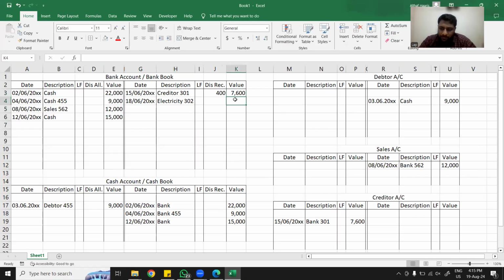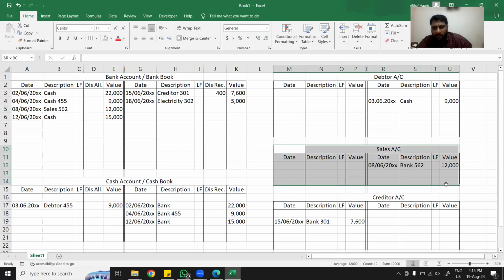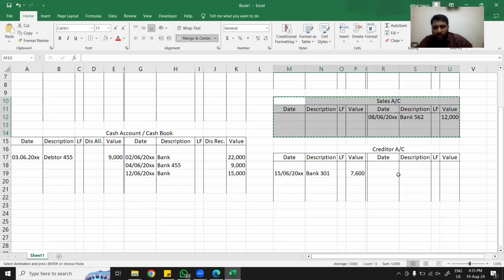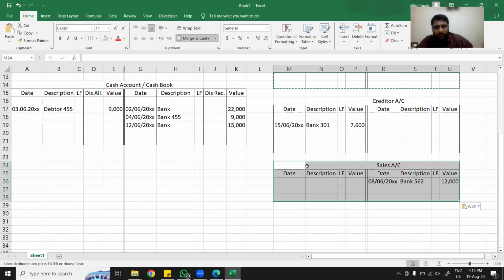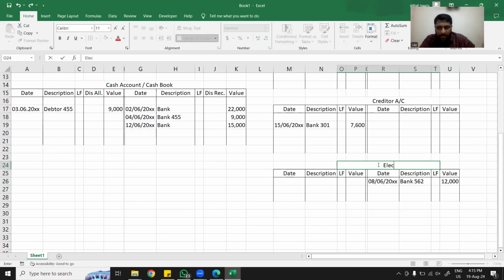Value 5,000. So your bank is decreasing 5,000. Credit. Electricity account should be debit. Electricity expense account.